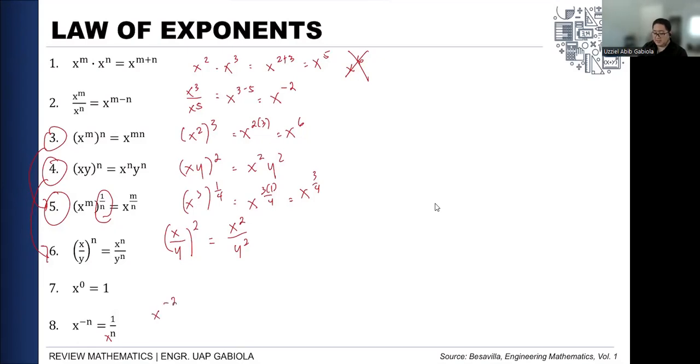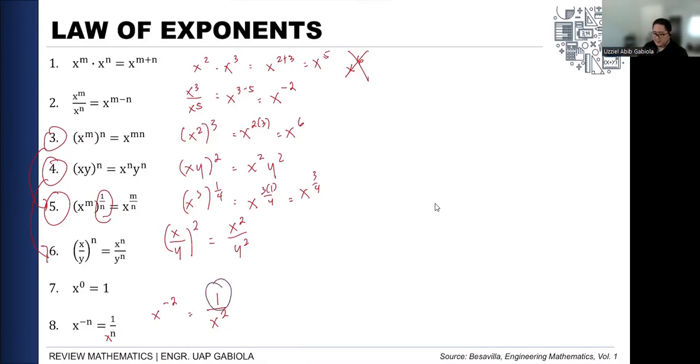Okay? So since meron siyang negative 2 doon, it means na dapat ililipat mo sa denominator yung mismong variable mo. So this is also equivalent to 1 over x squared. So once nilipat mo na siya sa denominator, the negative sign will be excluded na. So bakit naging ganon? Naging ganon yun kasi di ba ito si x, itong si 1.